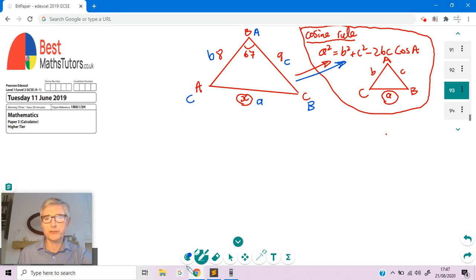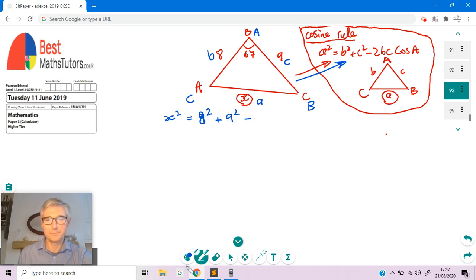If I substitute into here, my A is actually X. So X squared is equal to, and then B is... sorry, I got that wrong there, didn't I? That's going to be 8 squared, as B. And then the 9 is C, so it's 9 squared.